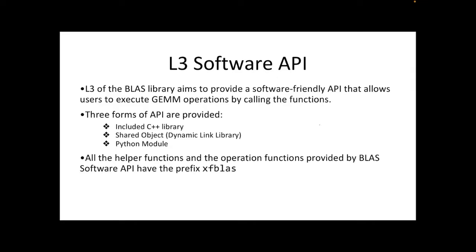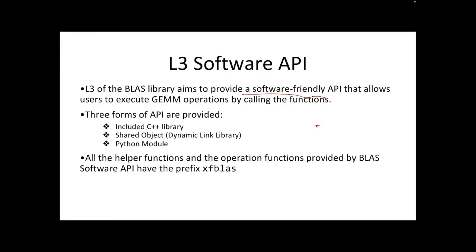Okay, good morning, everyone. In the L2 API, the test bench generates the input and output streams and the instruction code with a separate program, but this is inefficient. So for the L3 API, we need to provide software-friendly functions to be called. There are three forms of API provided.